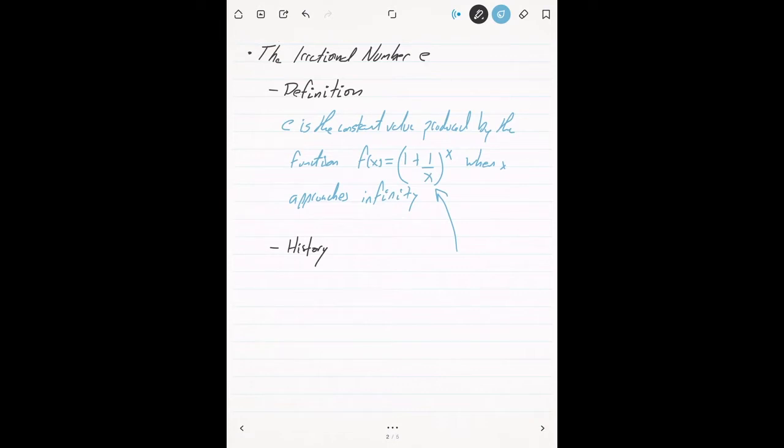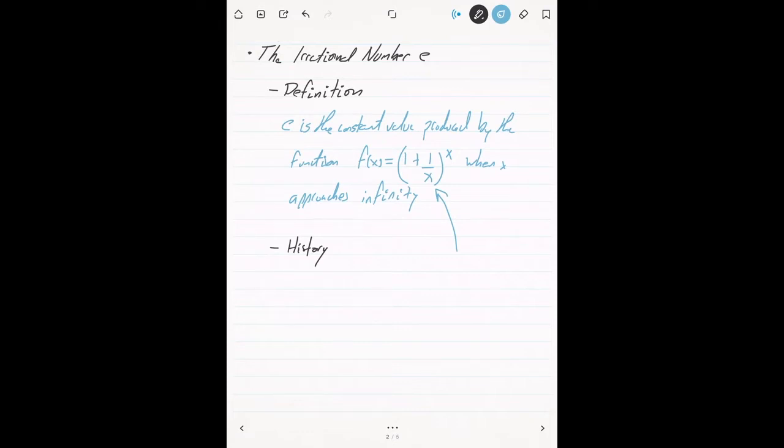So as you plug things in for x like 100, a million, a billion, a trillion, a quintillion, whatever, the more you plug in bigger and bigger numbers, your output will get you closer and closer to the number e. Let me say that again. The bigger the numbers that you plug in for x, the closer your answer gets to approximating e.